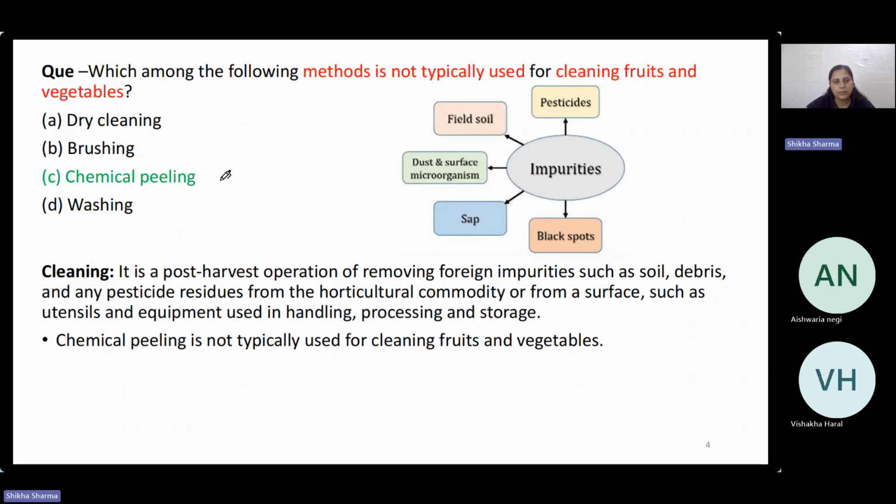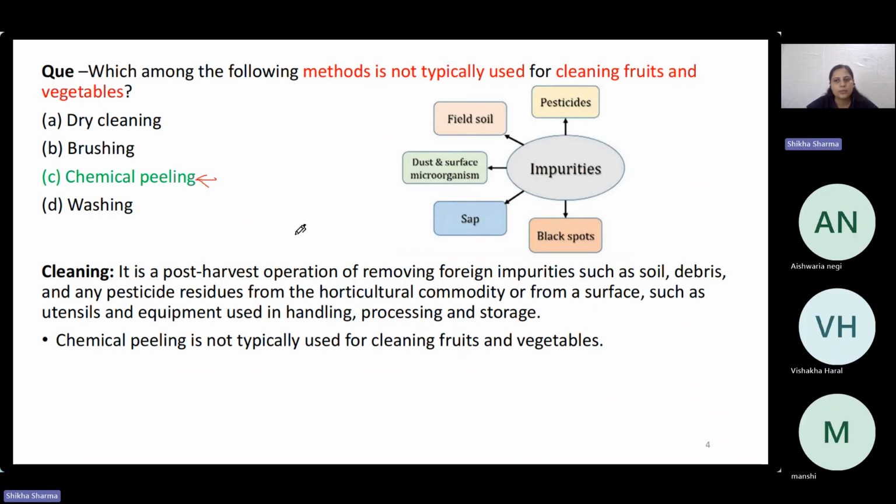So chemical peeling is the answer, option C. So what happens? First let's understand the basic definition of cleaning. Cleaning is a post-harvest operation in which we remove foreign impurities from our fruits, vegetables, spices, or any food produce.